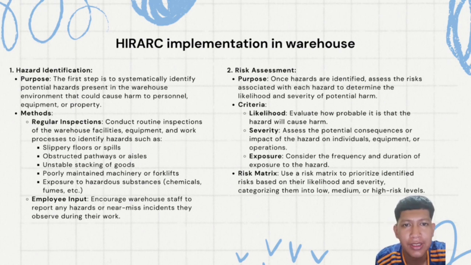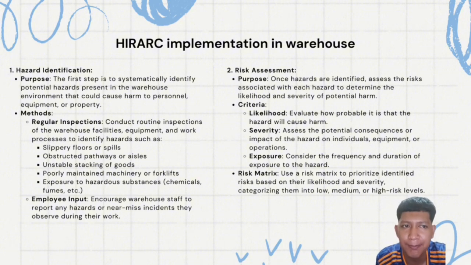Second, risk assessment. Purpose: once hazards are identified, assess the risk associated with each hazard to determine the likelihood and severity of potential harm. Criteria: likelihood, evaluate how probable it is that the hazard will cause harm.